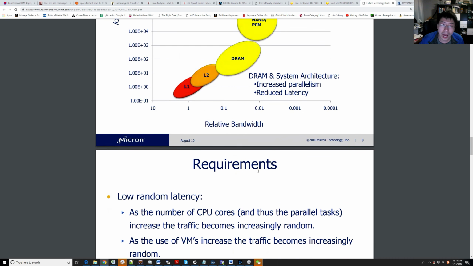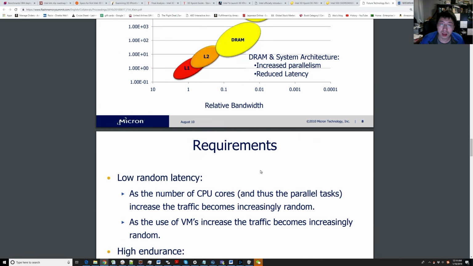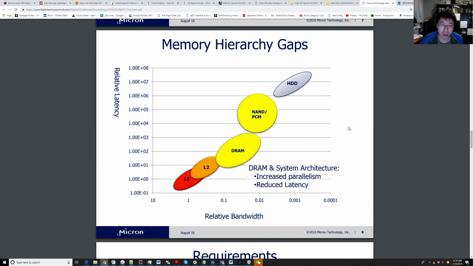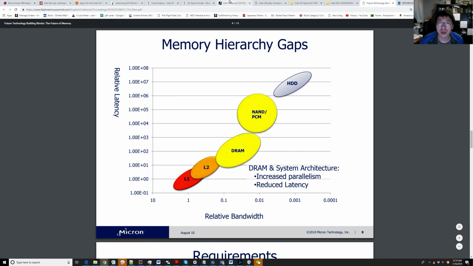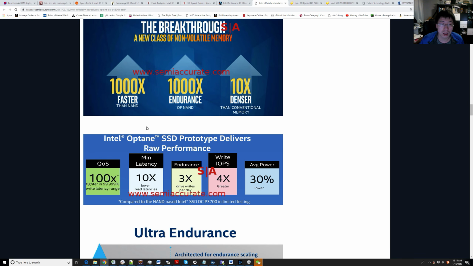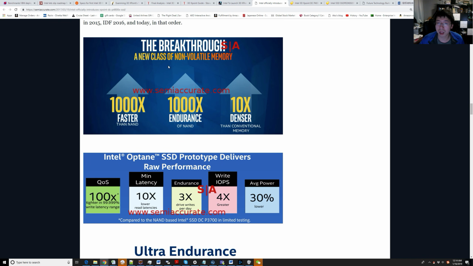And if you had the thing that's promised. If you look, this is important too. The thing that was promised was 1,000 times faster than NAND, right? And if that applies to latency, NAND latency is about 1 millisecond or less, 0.5, 0.3, something like that.